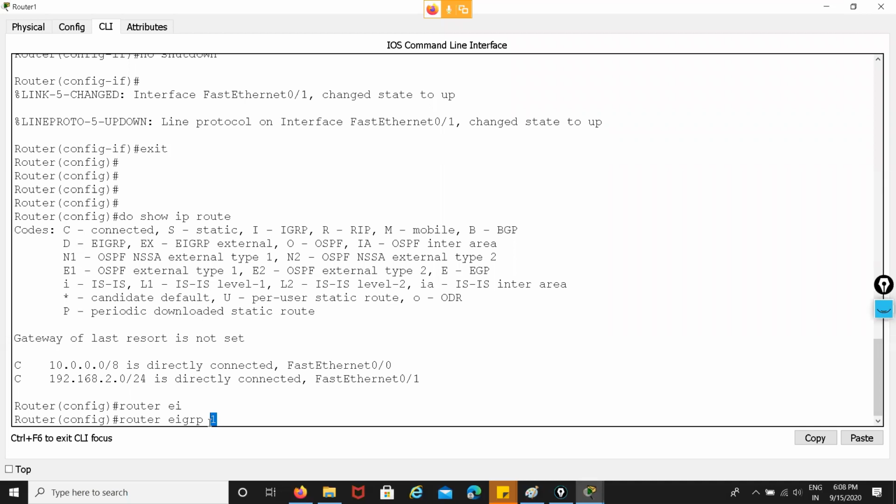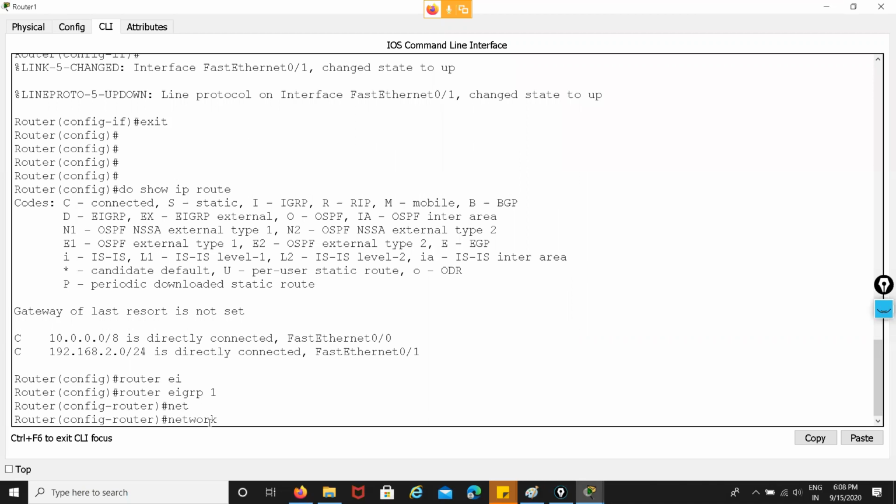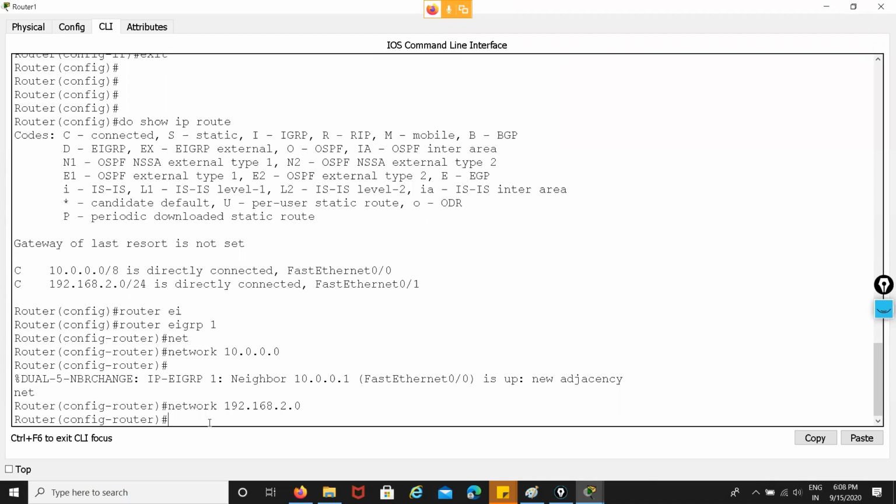That's how the routers are able to share information with each other. On the basis of that, they are able to create the neighborship and start sharing information with each other. So I choose the same autonomous number here. So network 10.0.0.0 and the other network is 192.168.2.0. Okay, easy.